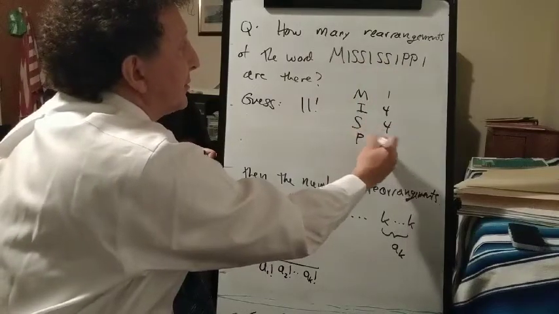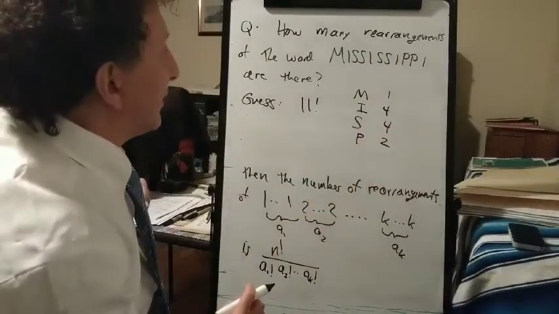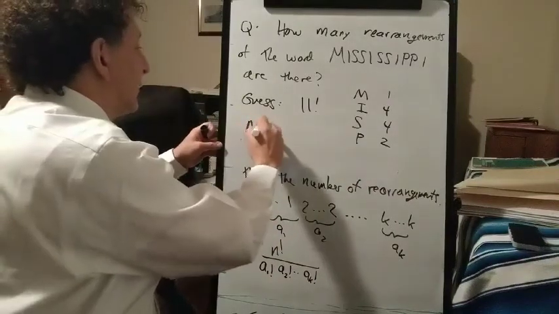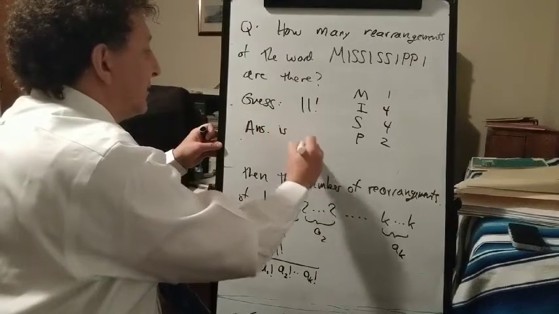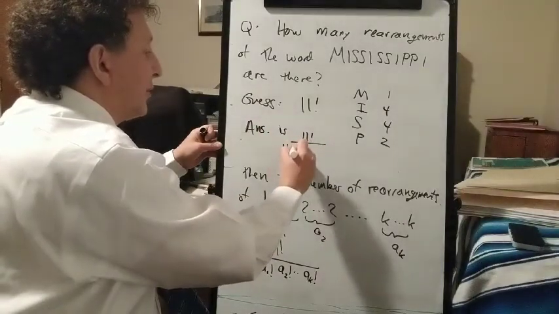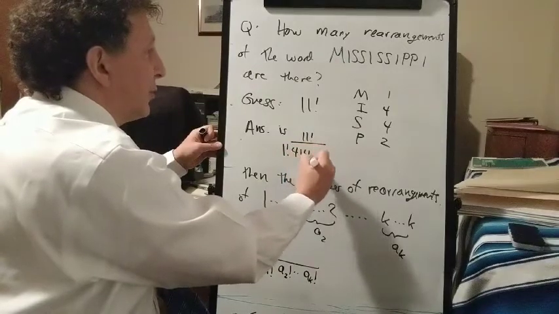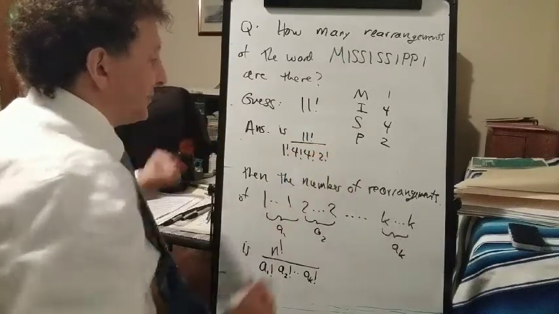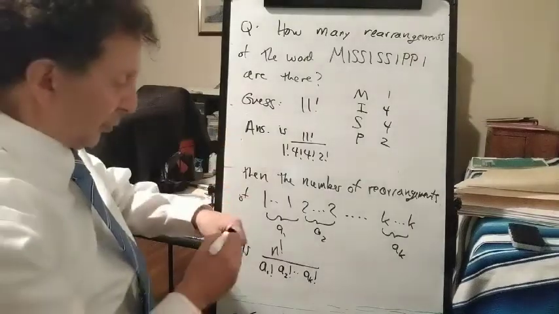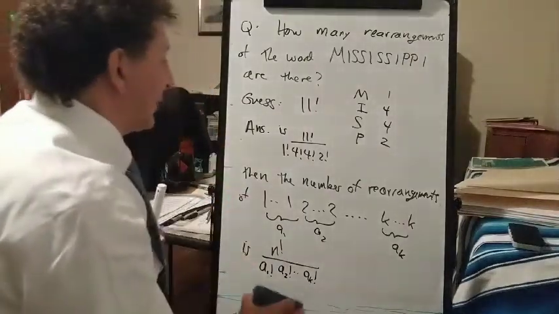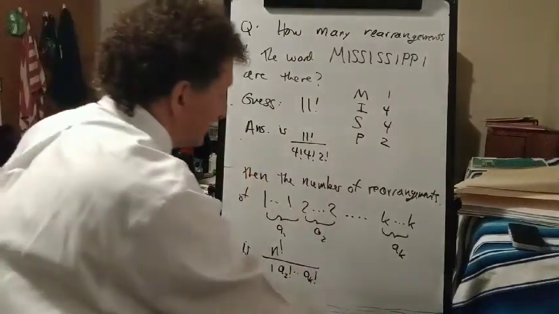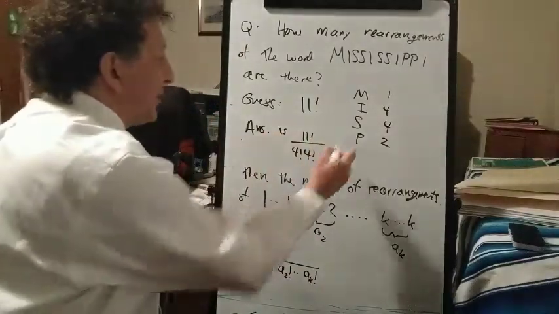P appears twice, and I think that's all the letters. So the answer is 11 factorial divided by 1 factorial, 4 factorial, 4 factorial, 2 factorial. And of course, 1 factorial is just 1, so maybe it's not even necessary to write that. So this is how many there are.